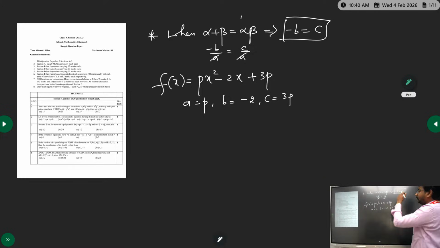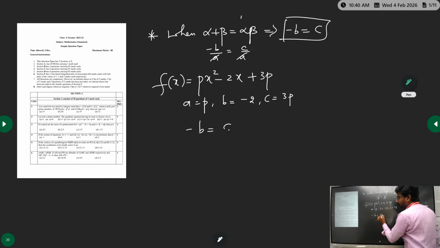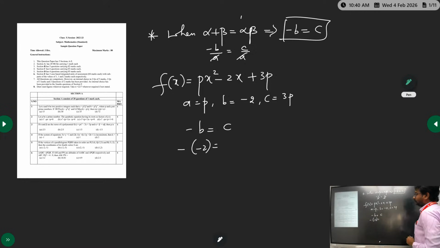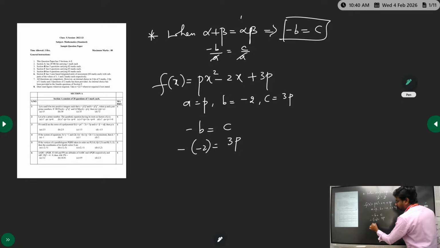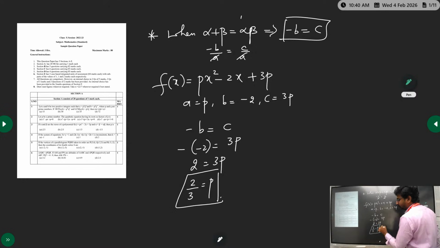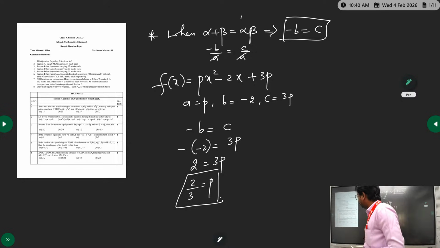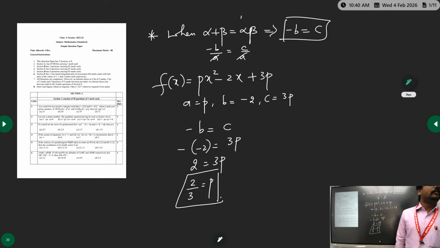What is the formula we will use directly? Minus b equal to c. Minus as per the formula. What is b value? Minus 2. What is c value? 3p. 2 is equal to 3p. 2 by 3 is equal to p. So what is the value of p now? 2 by 3. Which option will it be? Option B. Okay. So this is your question number 3.